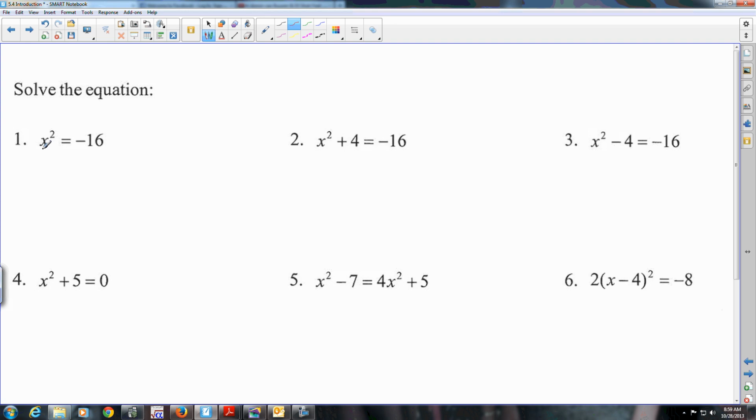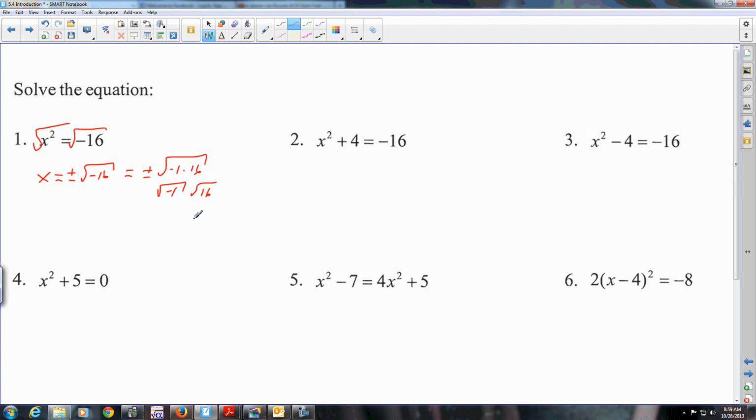So solving this, square root both sides, and you get x equals, and don't forget, when you put an even root on the page that wasn't there before, a plus or minus shows up. And then you have the square root of negative 16. Now the longer way to do this, and I'm going to show you the shorter way, is plus and minus the square root of negative 1 times 16, and you can split this into 2 separate roots.